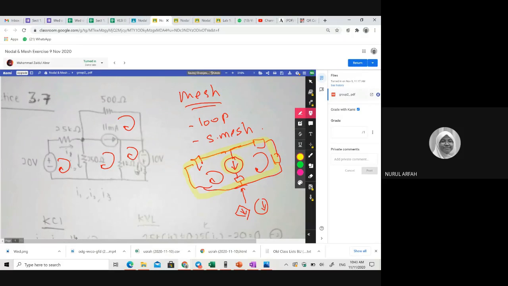You need to include all here. Okay, very good. Now, where is your super mesh? Over here, right? You need to draw that, including the current direction. So, this is your current direction.